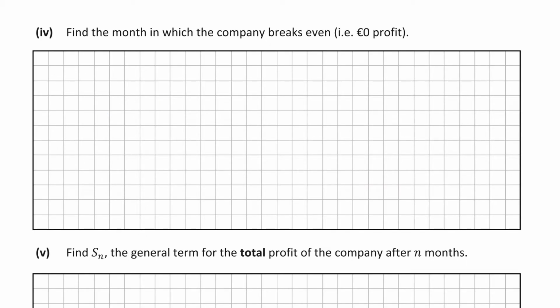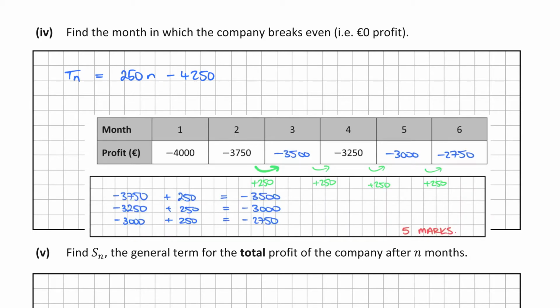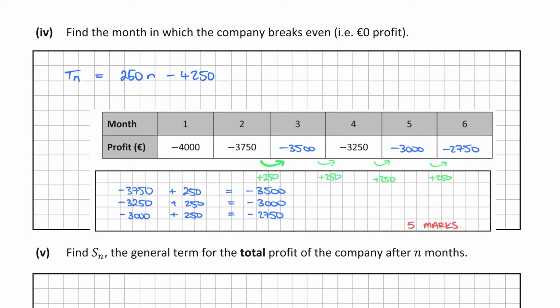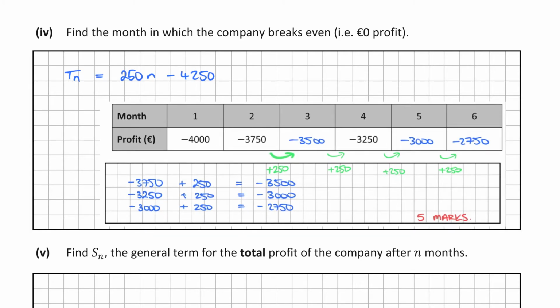So part 4, it says find the month at which the company breaks even, i.e. 0 profit. Okay, so again we need to take T of n. So T of n is equal to 250n minus 4,250. Now what they're actually asking us is based on what we've done previously in the question.